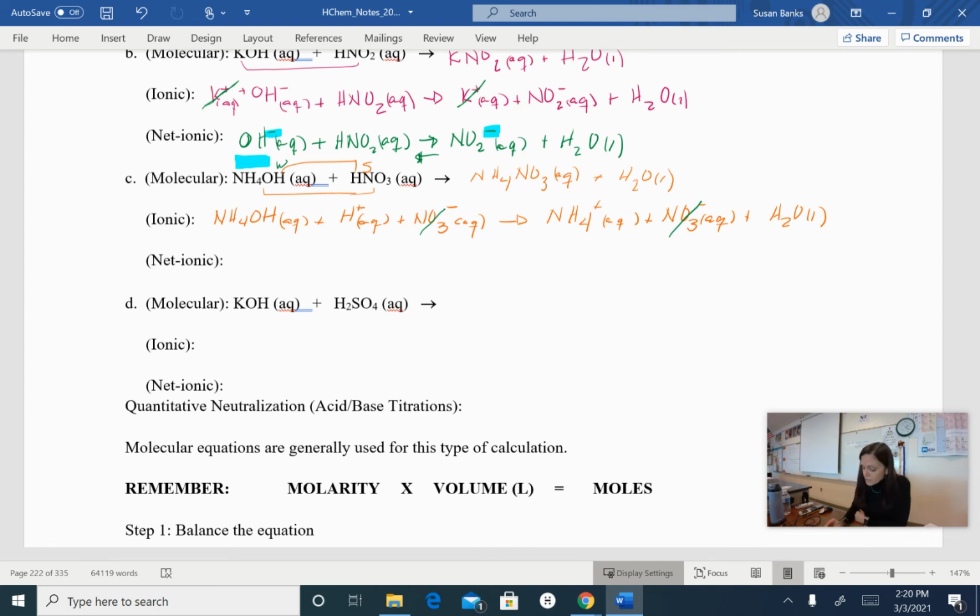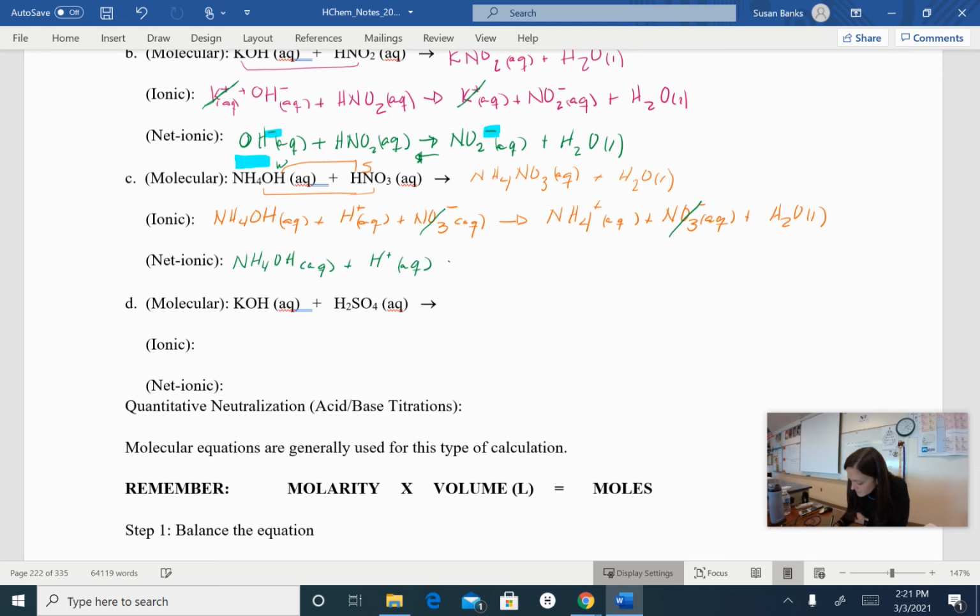Okay? So my net ionic reaction, I'm going to have my ammonium hydroxide with my hydrogen ion. And because this is a weak base, it's going to really be an equilibrium going back and forth, giving me the ammonium ion and water.